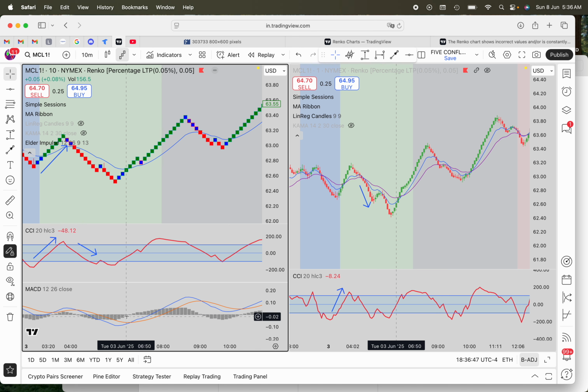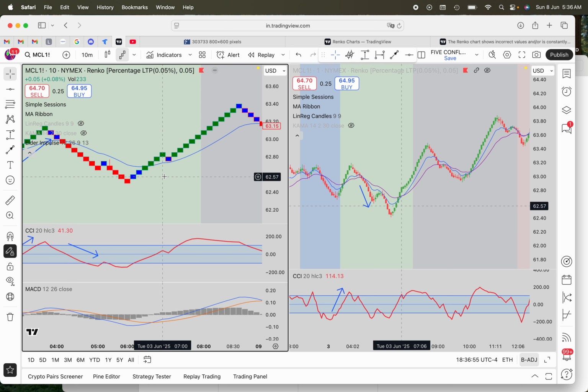So long as they continue to tick upwards, okay, the bars will go green. Now right here, for some reason, it went blue. So when it's green, it means you need to go and read Alexander Elder. I think it's Come Into My Trading Room. You need to go read his book on it all.